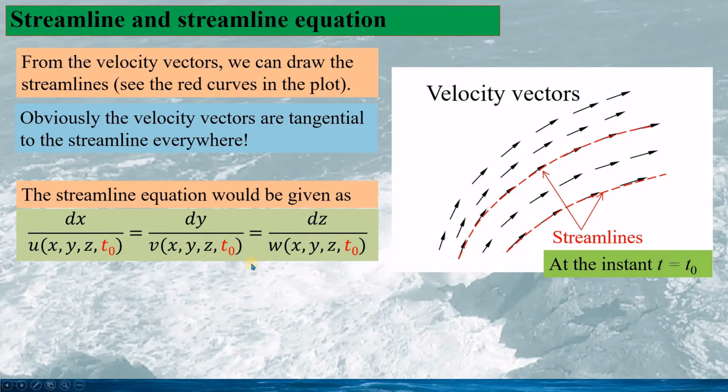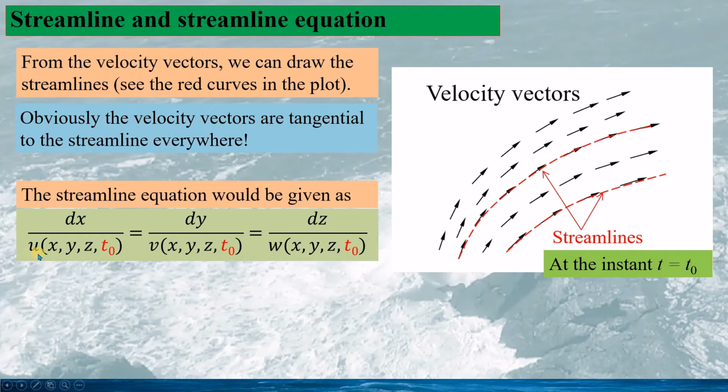As we have already shown, the streamline equation is given as this. dx, dy, and dz are the increments of the position along the x-axis, y-axis, and z-axis. Correspondingly, u, v, w are the velocity components along the x-axis, y-axis, and z-axis.